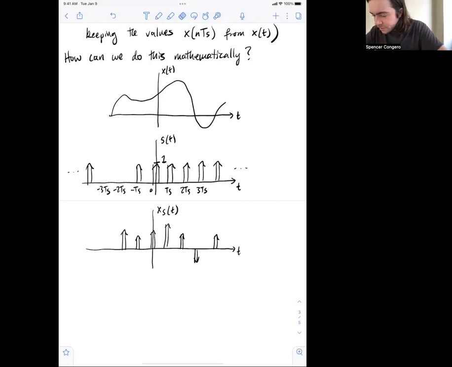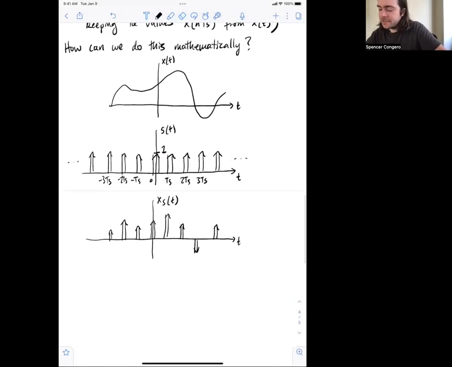Let me move these over a little bit so it lines up nicer. Okay, so this is -2 T sub s, -3 T sub s. Just wanted to have that one actually hit our function. Maybe it looks something like that. So we have all these delta functions at these locations, at integer multiples of the sampling period.